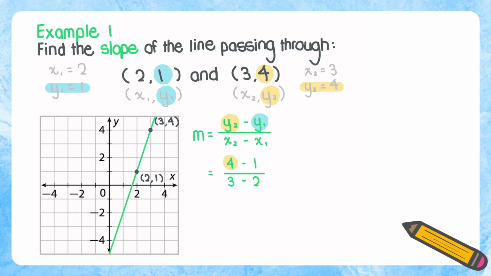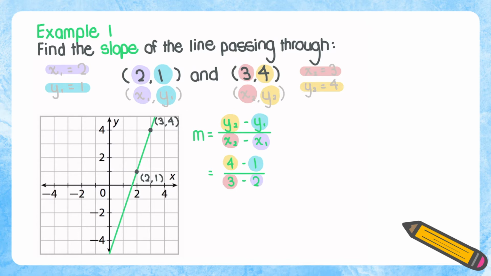So that's why I replaced y sub 1 with 1 right here. Looking at the x values, x sub 2, the x value of our second coordinate, is 3, so I replaced x sub 2 with 3. And lastly, x sub 1 is the x value of our first coordinate, which was 2. So that's why we have the 2 right here.